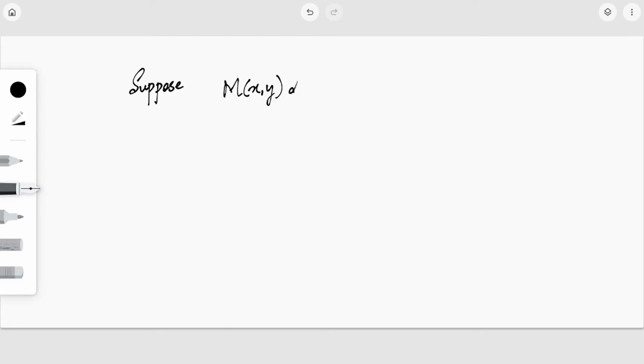Let's begin. First of all, I'm going to assume that the equation is exact. Since this is a necessary and sufficient condition, we have to prove both directions. So suppose M(x,y) dx plus N(x,y) dy is exact.